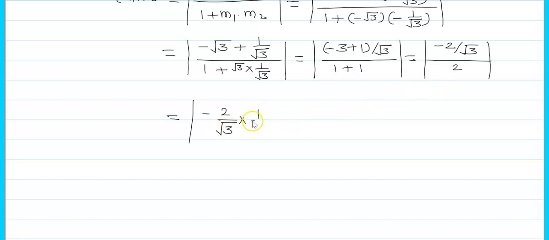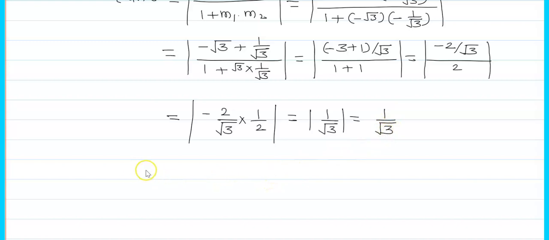It's multiplied by the reciprocal, 1 upon 2. These 2 get cancelled, and you will get 1 upon root 3.